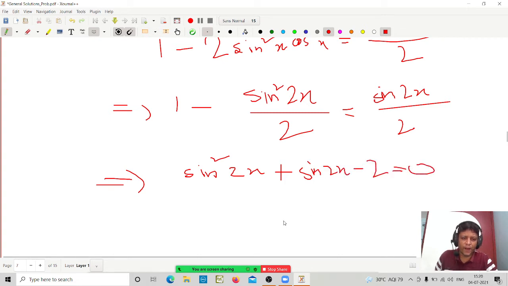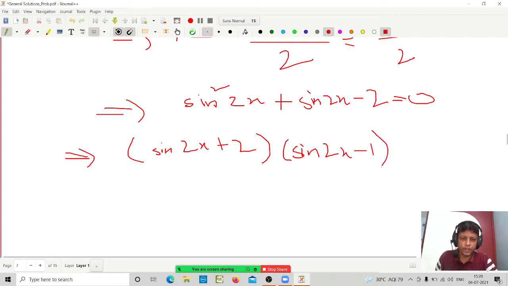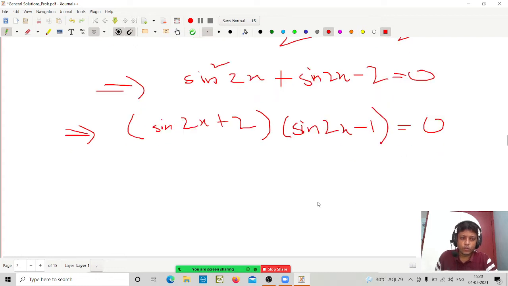Solving can be done by factorization or by Sridhar Acharya's formula, whatever. By factorization, this will be (sine 2x plus 2) times (sine 2x minus 1) equal to 0. Sine 2x cannot be minus 2, this gives an absurd value, so it is never possible.